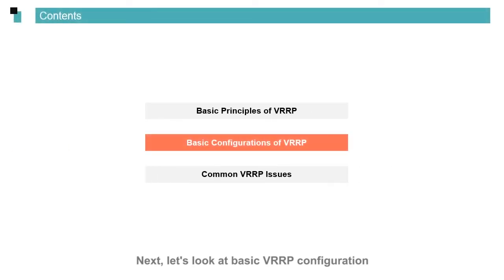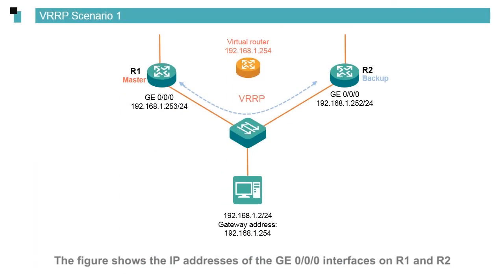Next, let's look at basic VRRP configuration. The figure shows the IP addresses of the GE 0/0/0 interfaces on R1 and R2. Here, the aim is to activate VRRP on the GE 0/0/0 interfaces of R1 and R2.